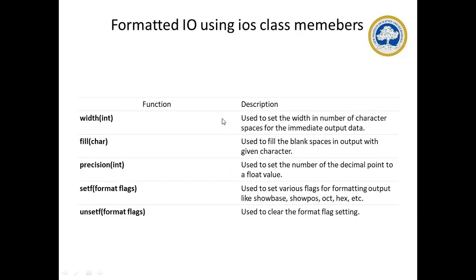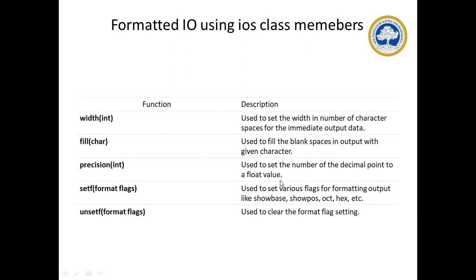Next, we are going to see formatted I/O, that is, formatted I/O using ios class members. These are some of the important functions: width, fill, precision, setf, and unsetf. What does the width function mean? It is used to set the width in number of character spaces for the immediate output data. The fill function is used to fill the blank spaces in the output with the given character.